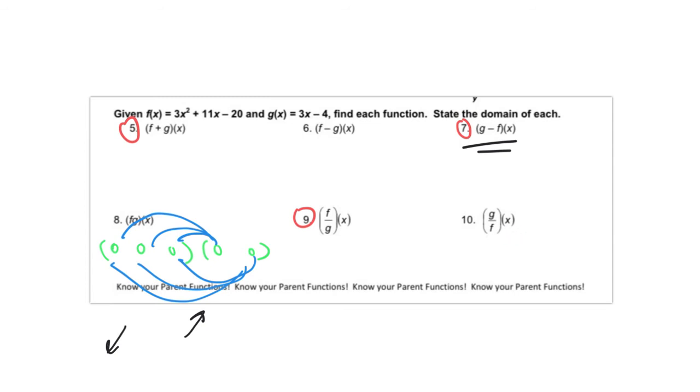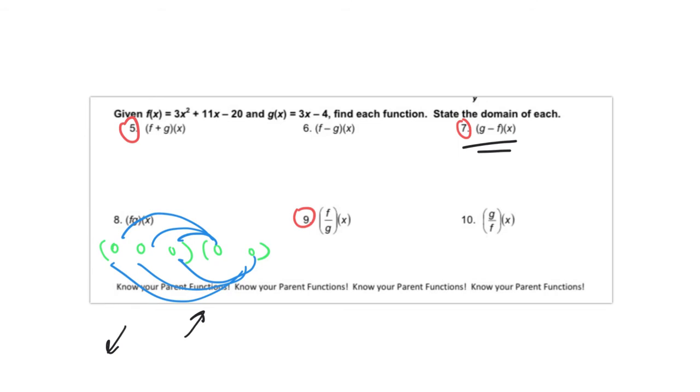With regards to this, it's going to be very similar to this one, except g is going to go on top. It's going to result in a scenario where you're going to reduce, and it's going to be 1 over x plus 5. You have to be careful with that one, so I have to discuss it.